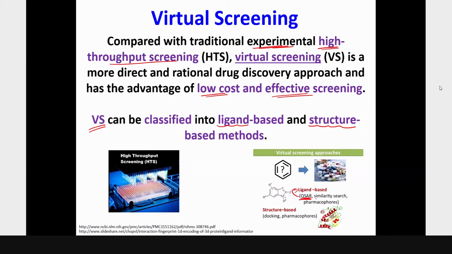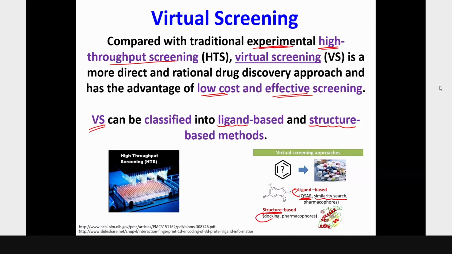Similarly, there are other things like the similarity search method, which we are going to learn later, or pharmacophore modeling. These belong to ligand based drug design or virtual screening. The other method is called structure-based drug design, and one of the major methods that we are going to discuss is molecular docking.